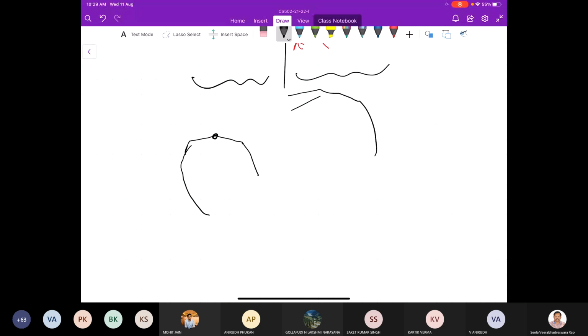Yeah, the topmost point is this one. If you draw a tangent, it will be this one. Everybody able to see this?